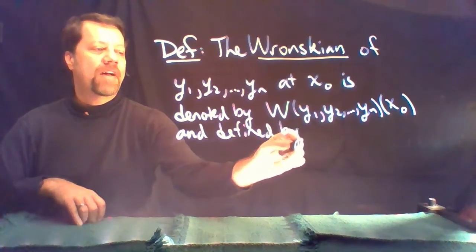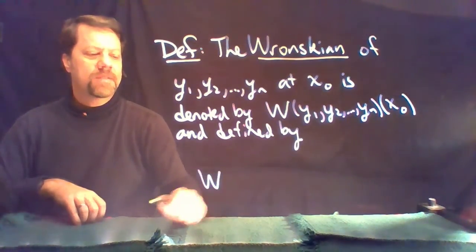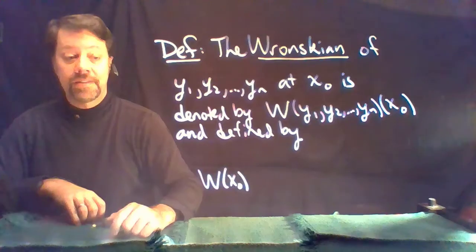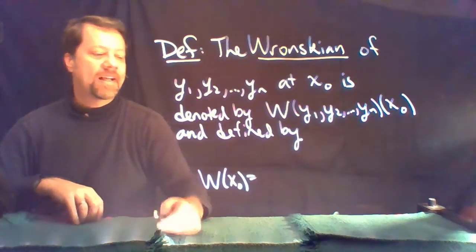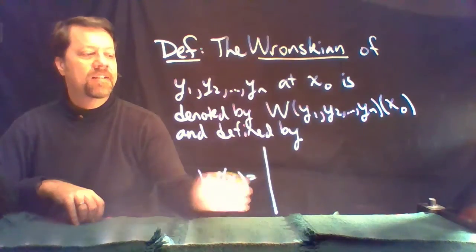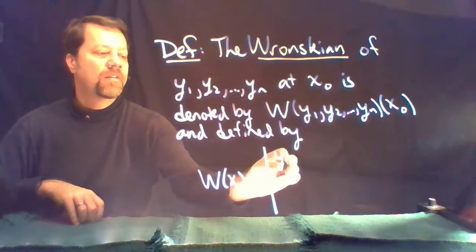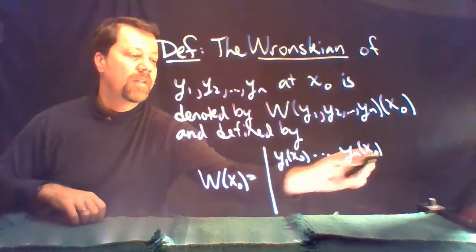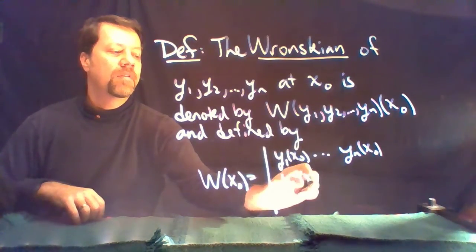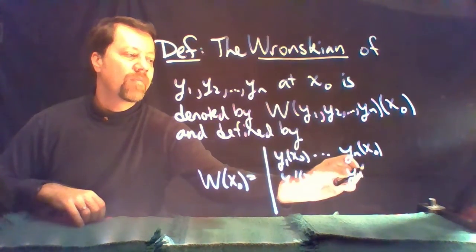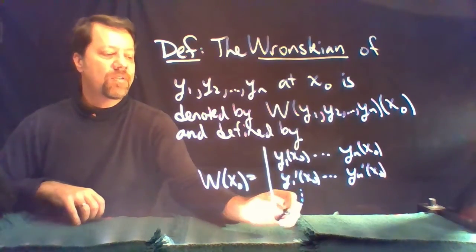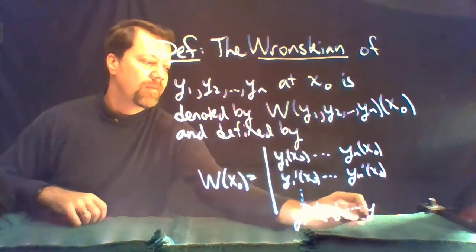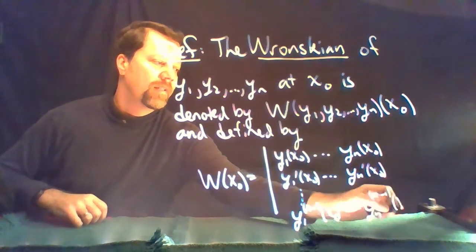Sometimes I'll suppress the functional dependence upon these functions, or vice versa, might just suppress the functional dependence on x. The idea is that we need this to be the determinant of these functions evaluated at x naught, the derivatives evaluated at x naught, all the way down to the n minus first derivatives evaluated at x naught.